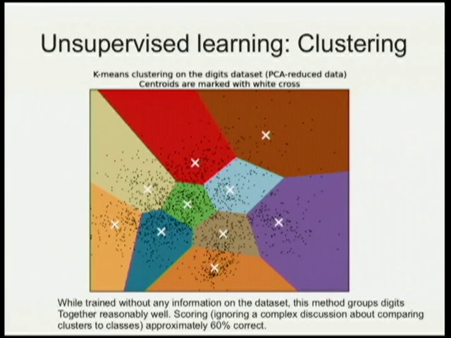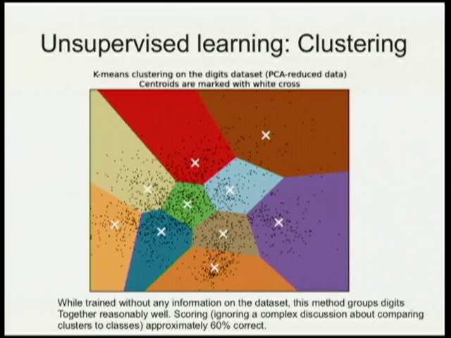Then we've plotted against these 2 dimensions, and we've performed some clustering to try and find different clusters. The background color is what it's going to be predicted as, and as I've said, down the bottom, ignoring some complex philosophical discussions about clusters and classes, this is about 60% accurate.